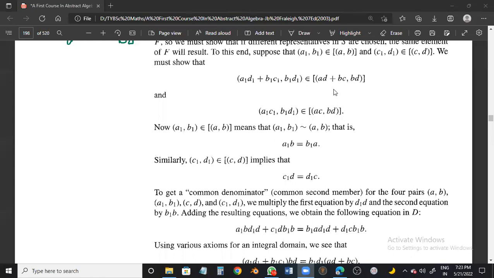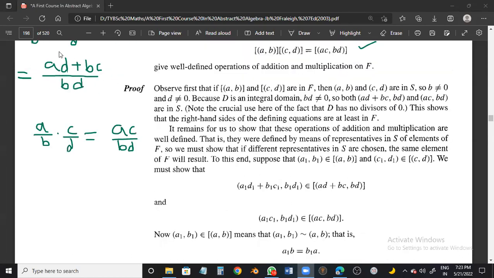This element, A1 D1 plus B1 C1, is back in this set, of the same pattern we discussed here, and of course it will be in this equivalence class. Again, A1 C1 comma B1 D1 is of this pattern, and that is why we give suffixes so that we can easily understand.